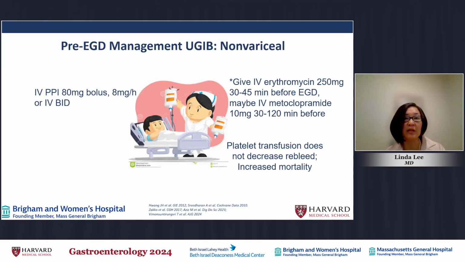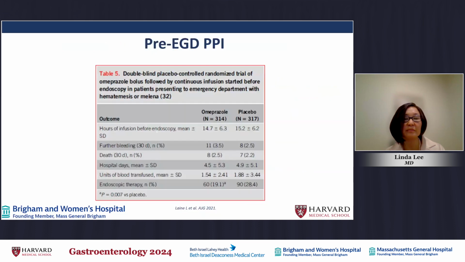There's a recent randomized trial using IV metoclopramide that suggests decreased need for a second endoscopy as well. Platelet transfusion should not be administered as it has not been shown to decrease rebleeding, and there is some suggestion that it may increase mortality.